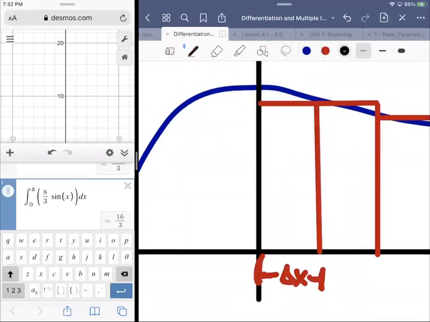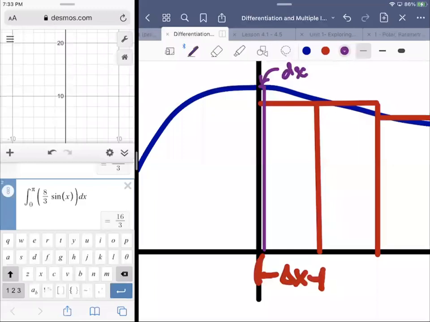And let me go purple for those keeping score at home. What I could do is get a much skinnier set of rectangles, and that skinnier set would have a thickness of dx.